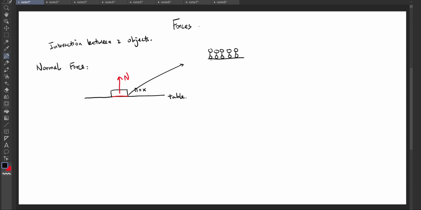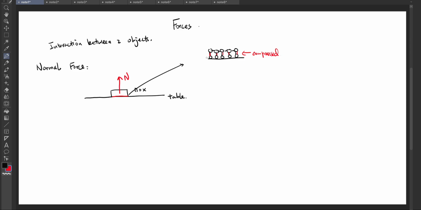Okay, so now just right next to the surface, there are these molecular bonds, and when the object is put here, these chemical bonds will be compressed, so become shorter. And that's a reaction of that.